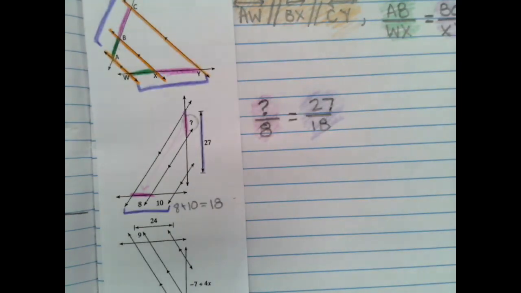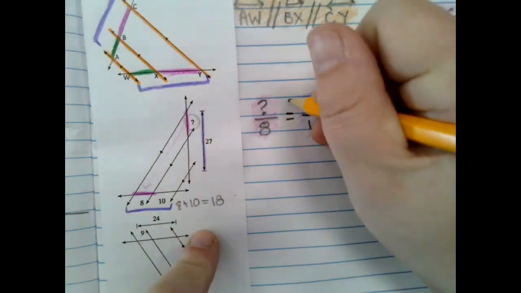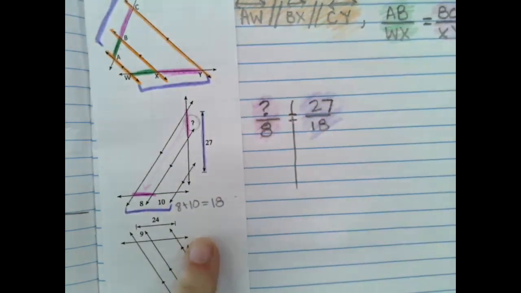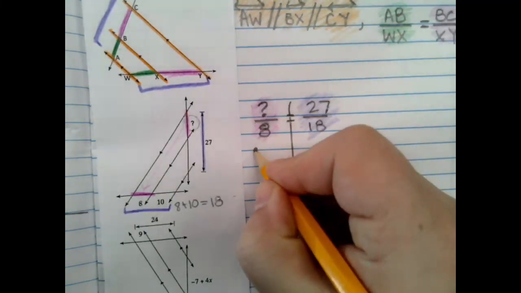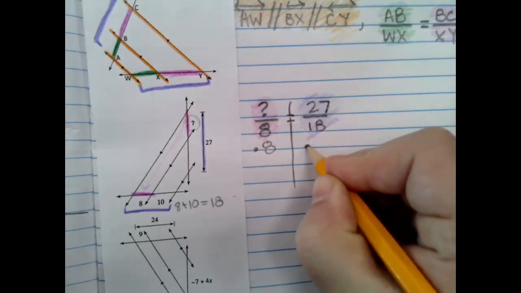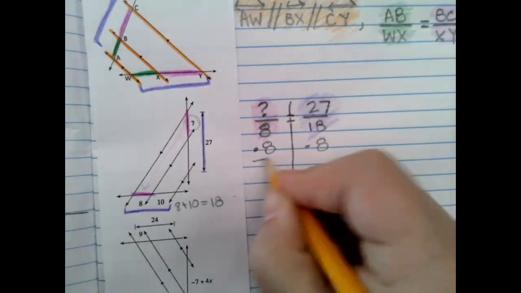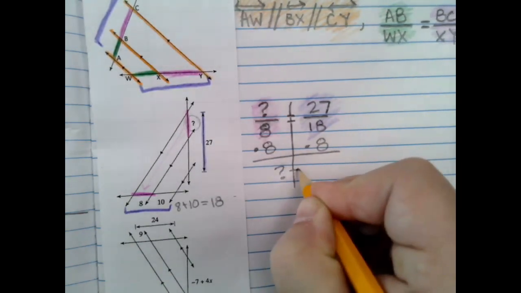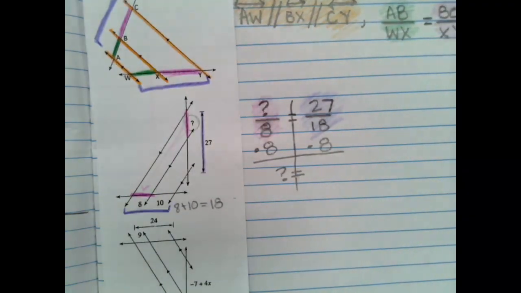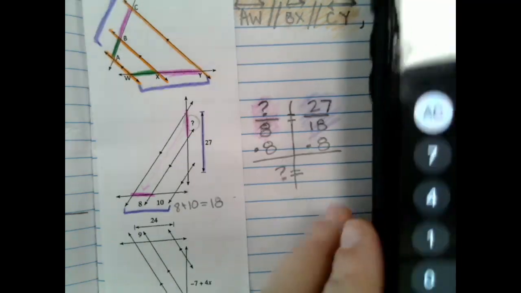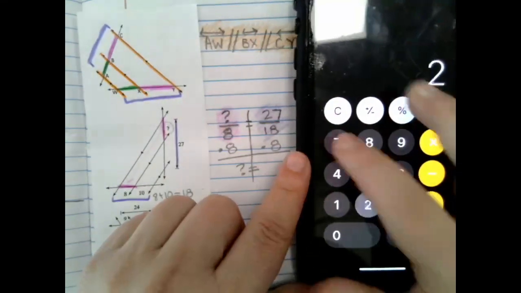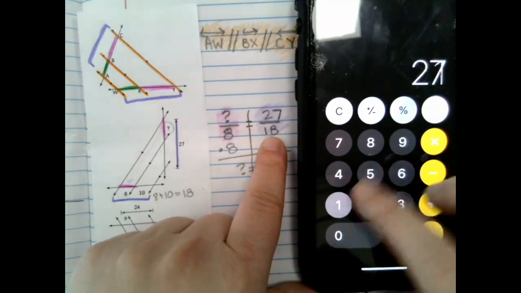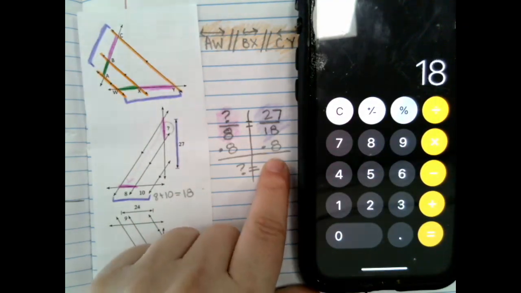All right, last step here. How am I going to solve this to get that question mark by itself? Good, multiply by 8. And if we do it on one side? Good, both sides. So question mark equals. And then all we're left to do in our calculator is 27 divided by 18 times 8.